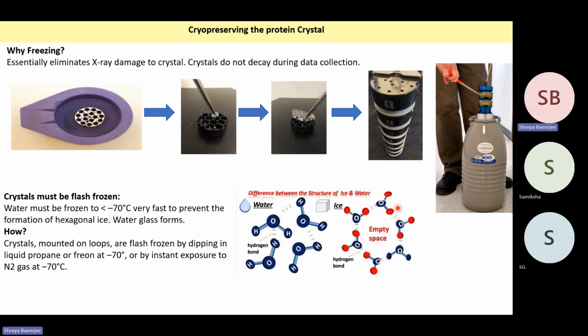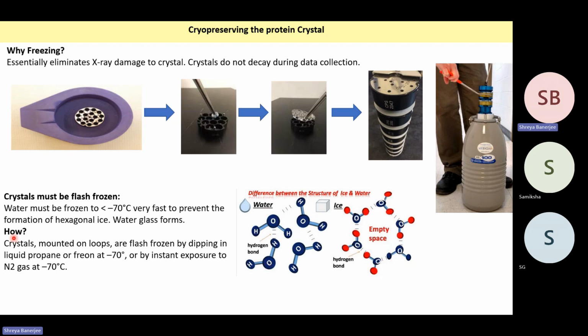This kind of orientation ice will form, and there will be a lot of empty space between the ice. This is not wanted. What we want is that in the protein, however the water molecules are placed, we want the water molecules to freeze in that same orientation. We don't want the water molecules to reorient and form this hexagonal ice.